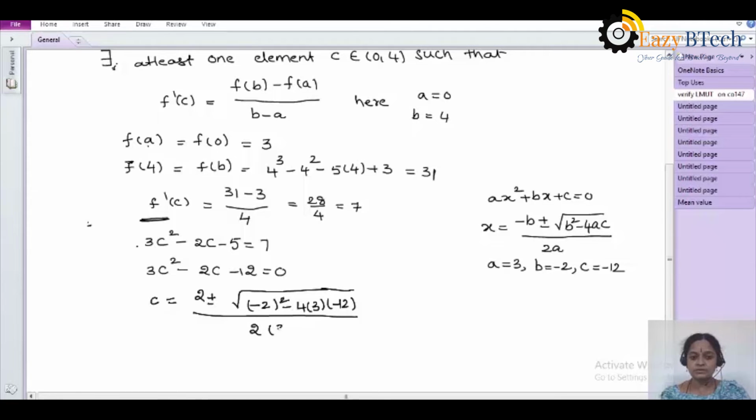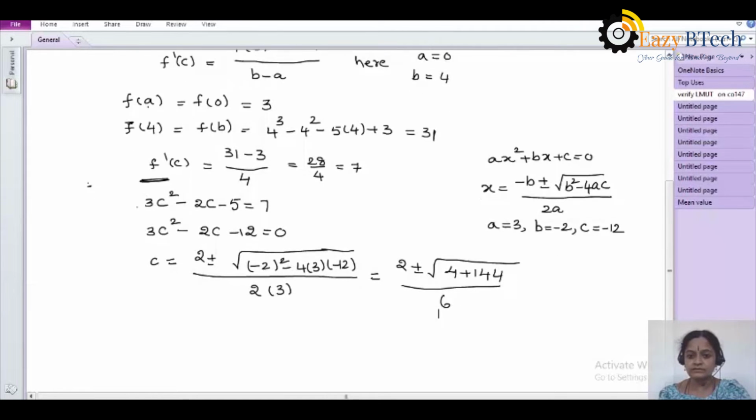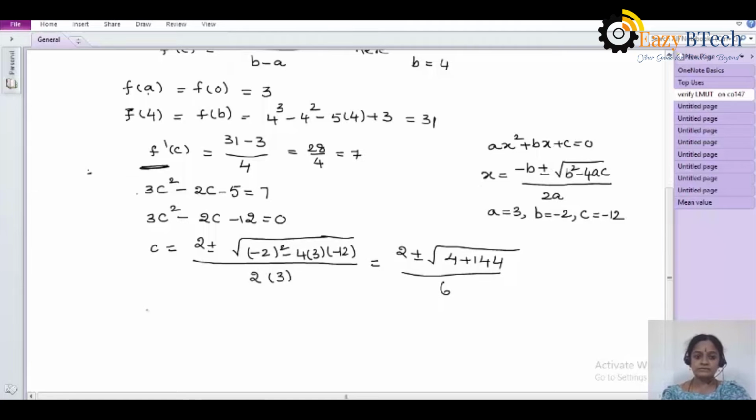That means 2 into a. Then the answer is 2 plus or minus root of 4 plus 144, divided by 6. Finding the final answer, that means 144 plus 4, c is equal to 2 plus or minus root of 148 by 6.